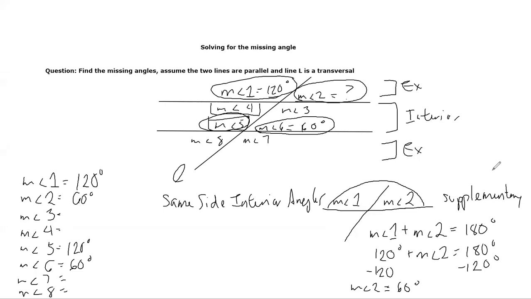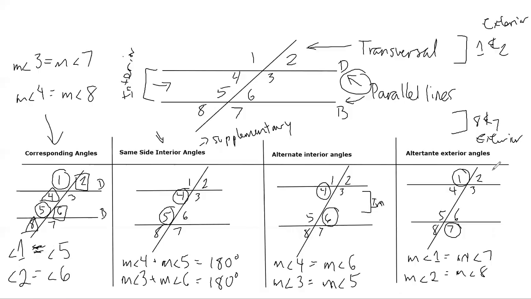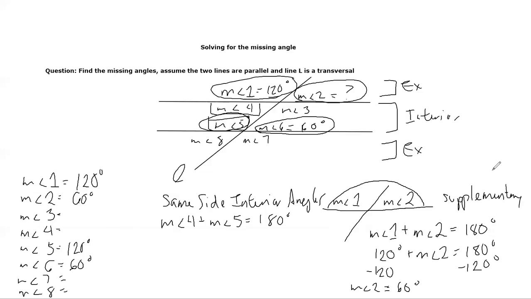Now the rule for same side interior angles is that measure angle 4 plus measure angle 5 is equal to 180. Because once again, same side interior angles are supplementary according to the rules, right? 4 and 5, that's where I got that from.